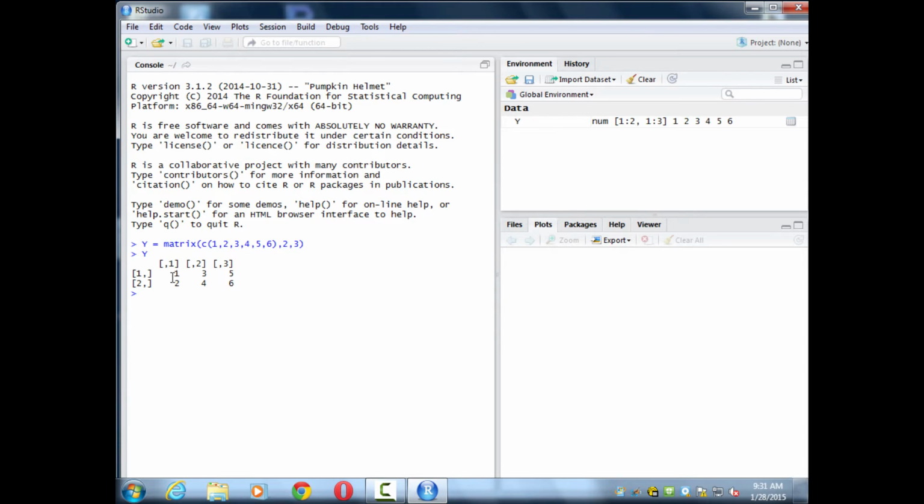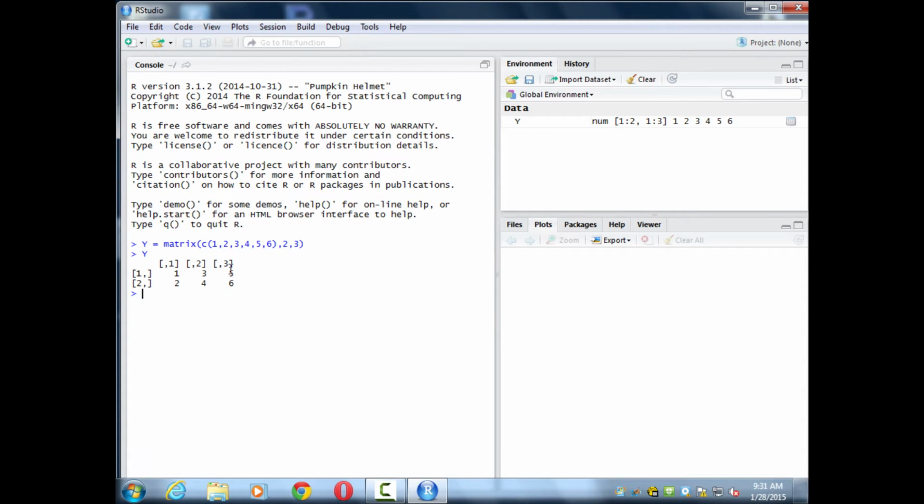So the first column contains numbers 1 and 2, the second column contains 3 and 4, the third column contains 5 and 6. In other words, by specifying the values in this vector, this command matrix automatically sorts these values column-wise. That is the default action.